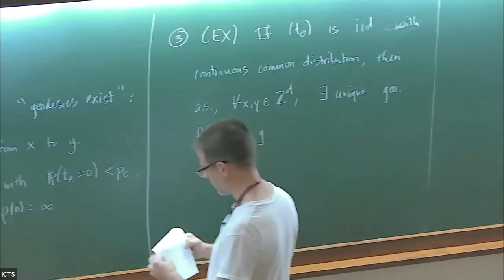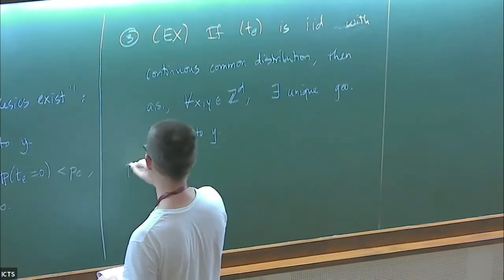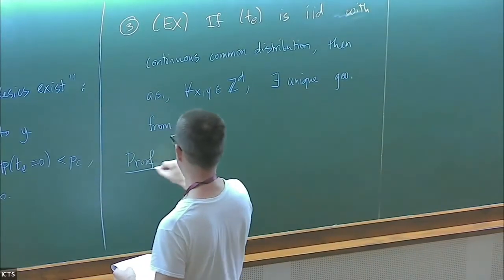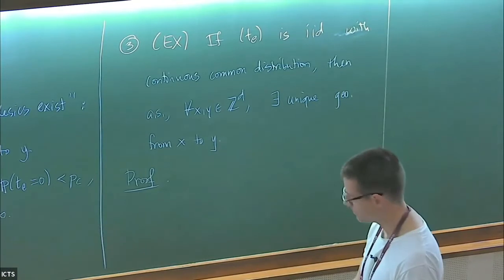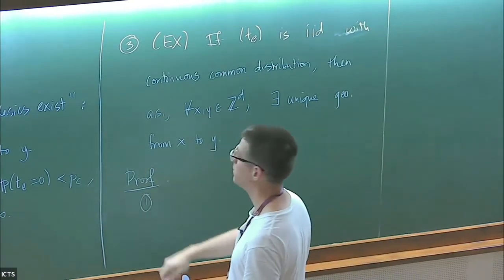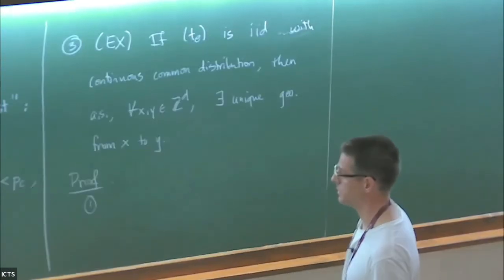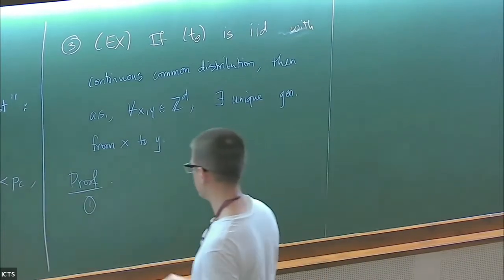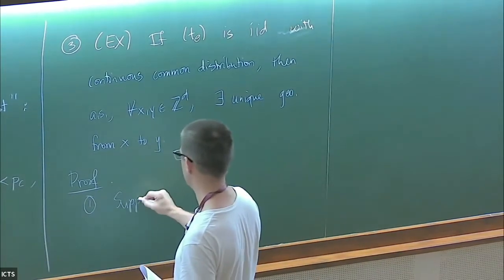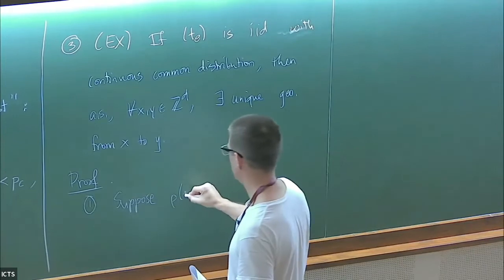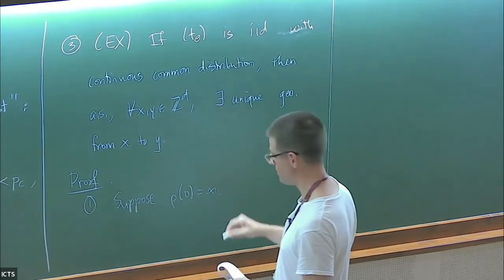So let's start with the proof of 1. Well, we have to assume that rho 0 is infinite. So let's suppose rho 0 is infinity.